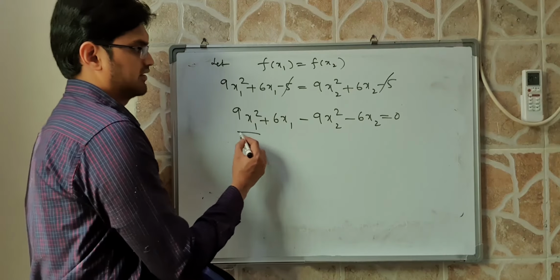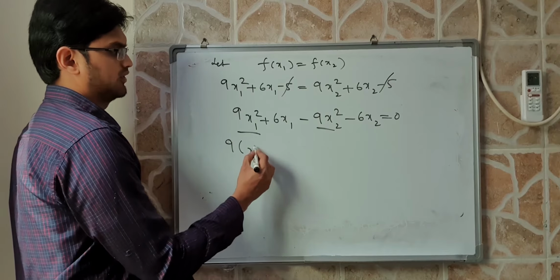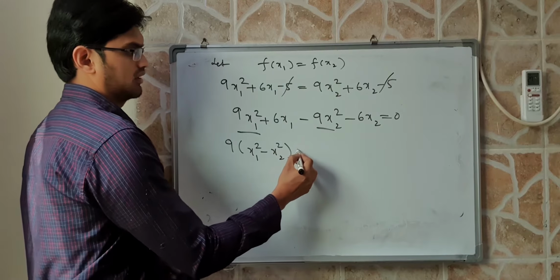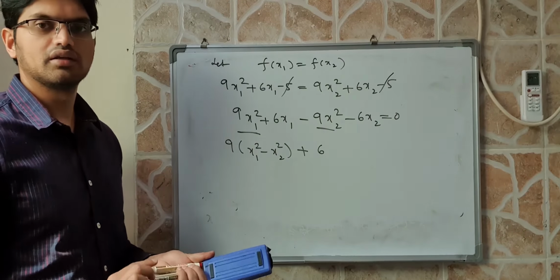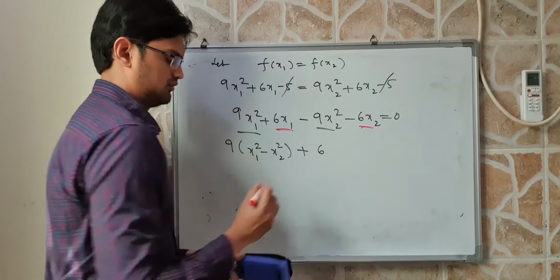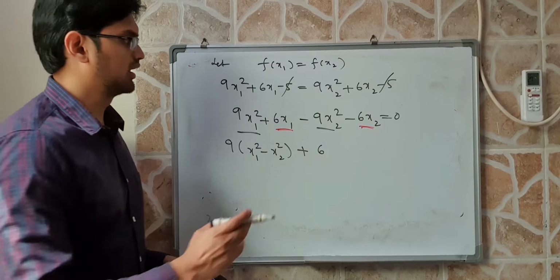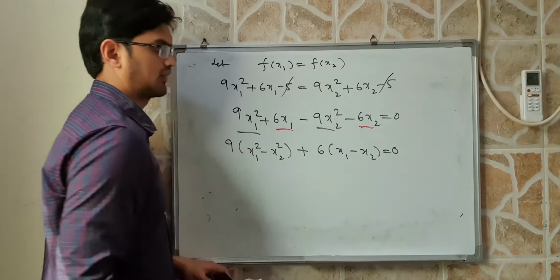Now see this. If I take 9 common, I get x1 square minus x2 square, plus 6 if I take common from the second one, 6 times x1 minus x2, equal to 0.